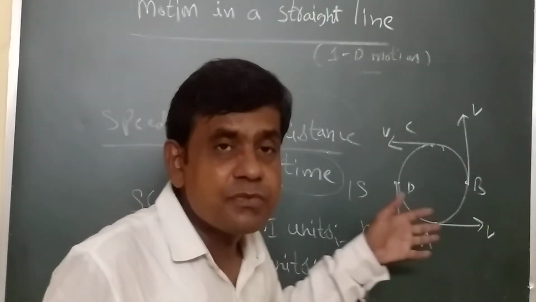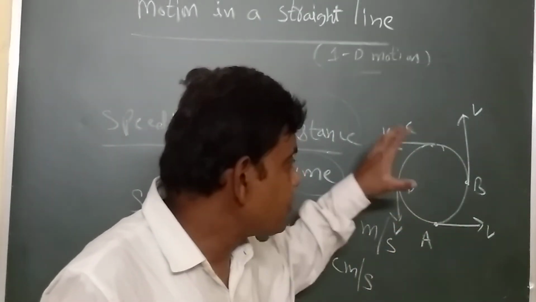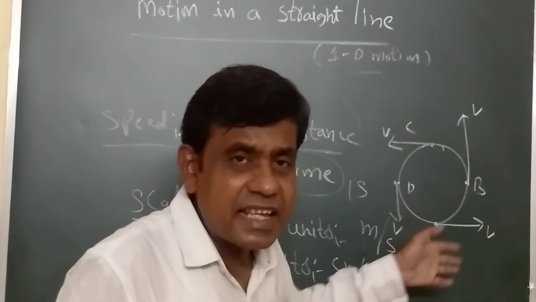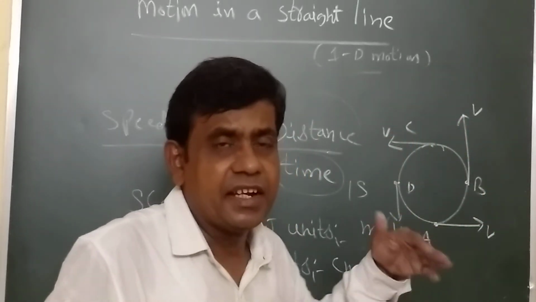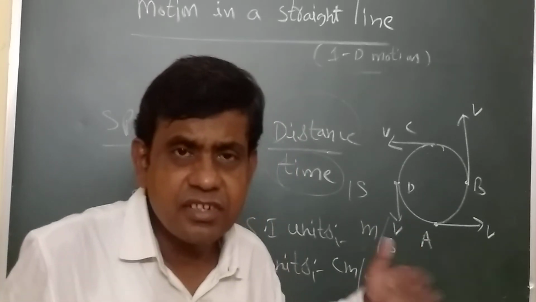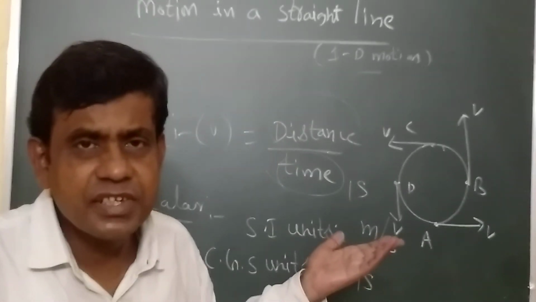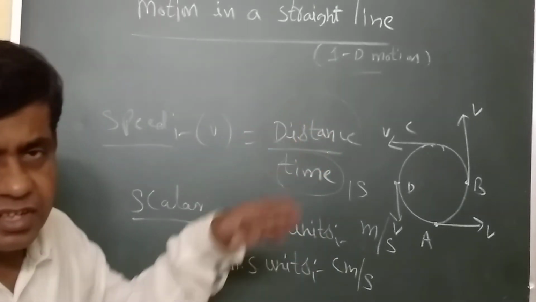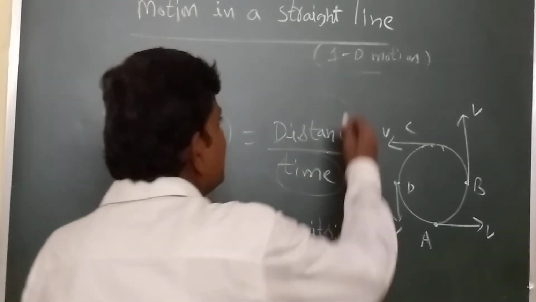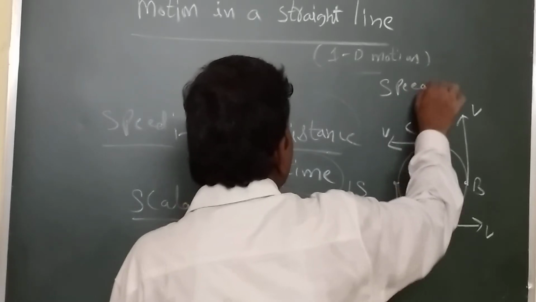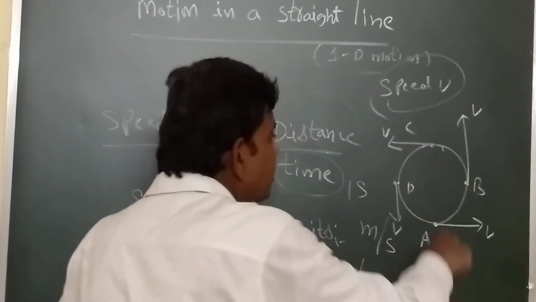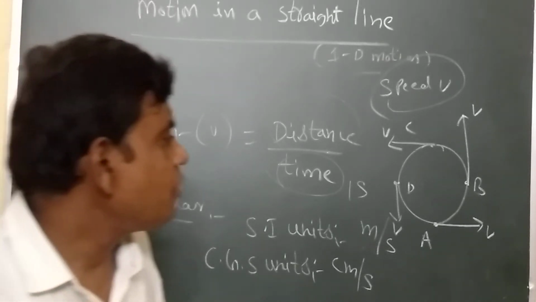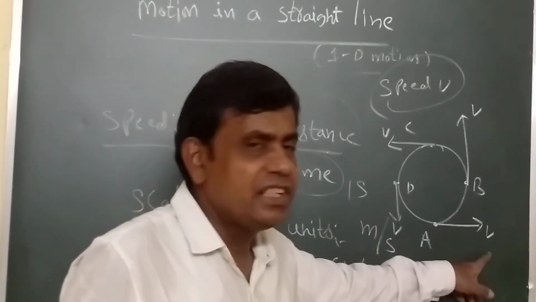So along the circular path, if one particle is moving, at one particular instant it has velocity. Overall, what does it have? Speed. When I observe this particle, the direction is changing, not constant. So overall it has speed v, but at one particular instant it has velocity, denoted with the letter v.